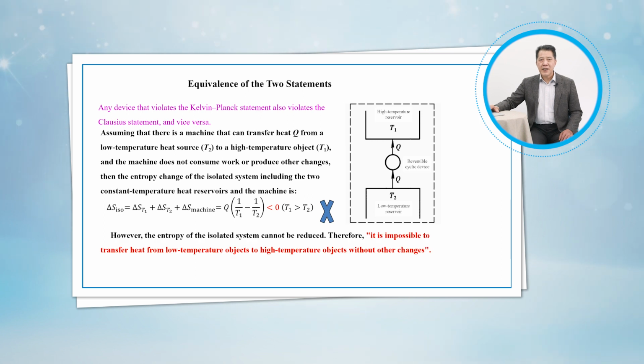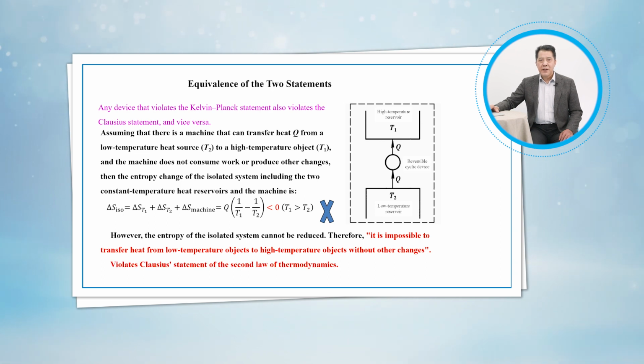However, the entropy of the isolated system cannot be reduced. Therefore, it is impossible to transfer heat from low temperature objects to high temperature objects without other changes.